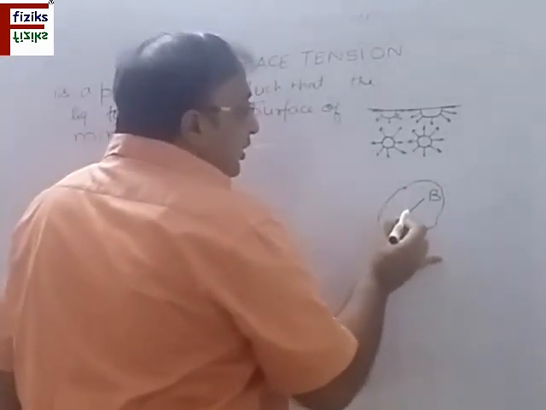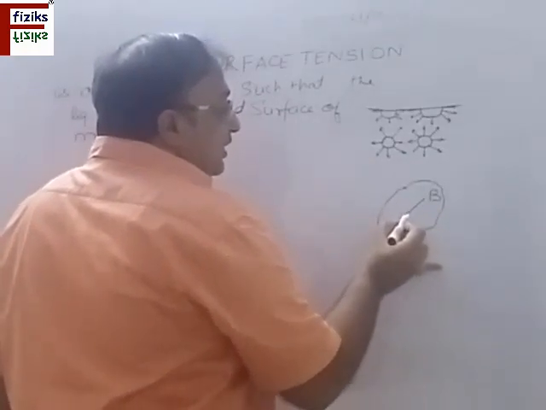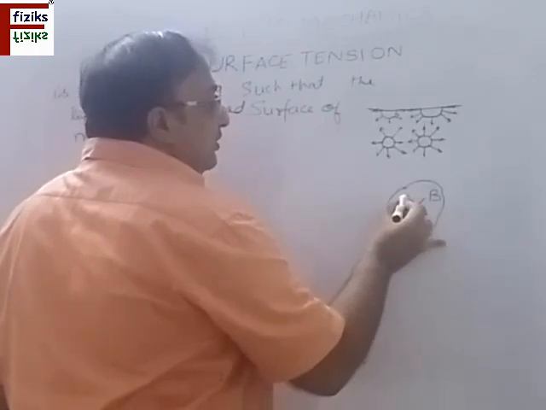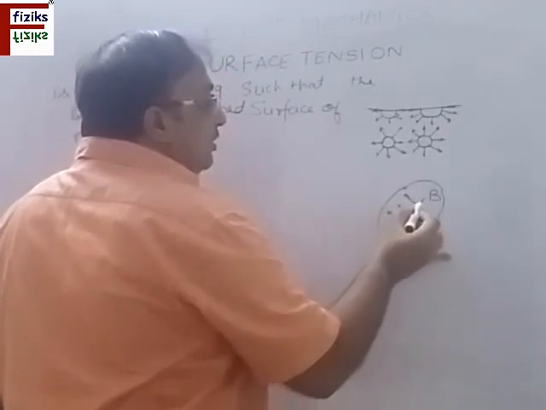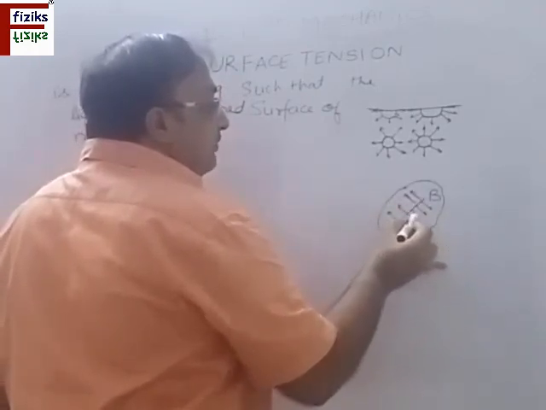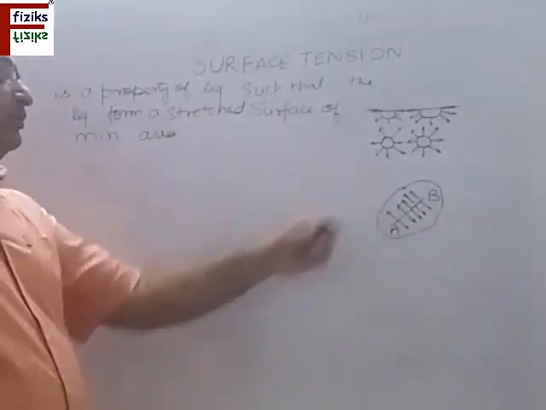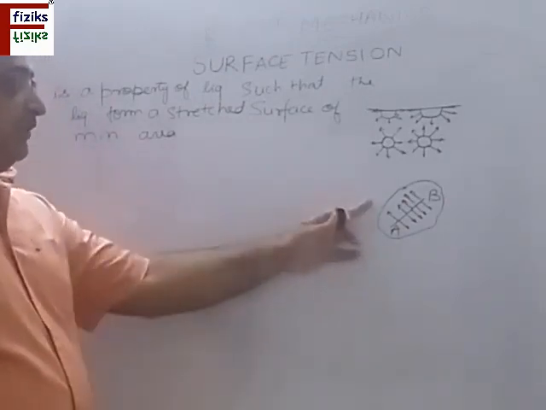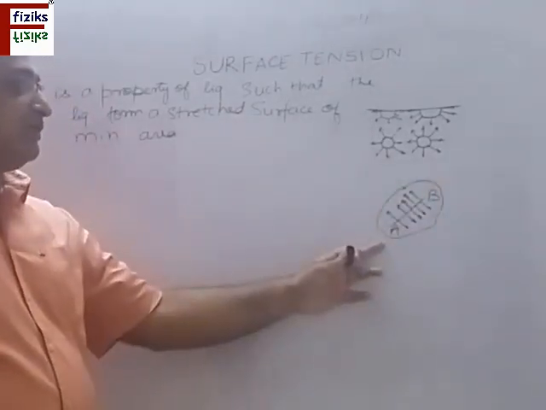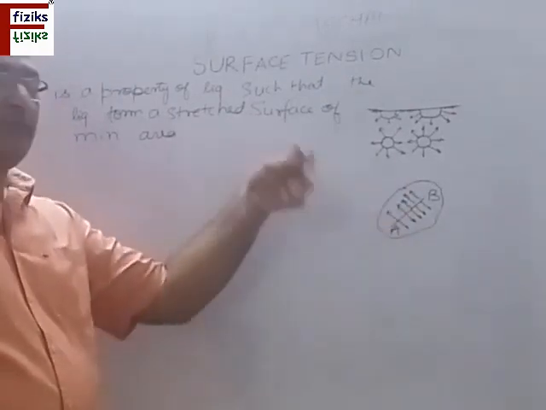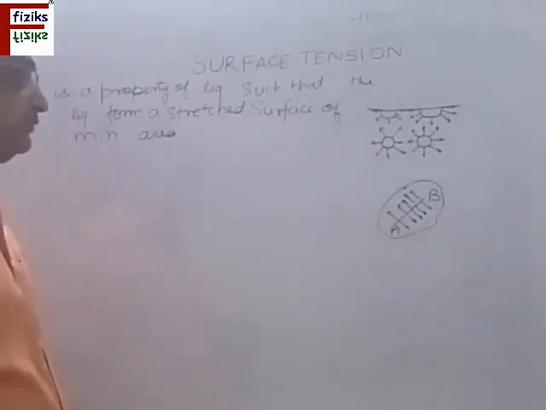If you consider the molecules along this, then they will have forces acting in this direction, perpendicular to the imaginary line AB. So they tend to stretch the surface. Everywhere on the surface, if you take an imaginary line, there will be forces acting on the line perpendicular to the line like AB.